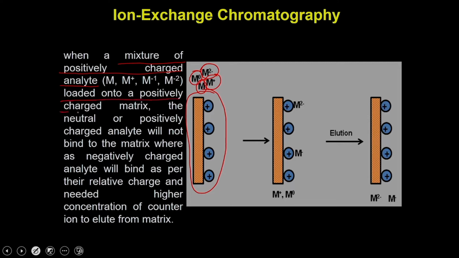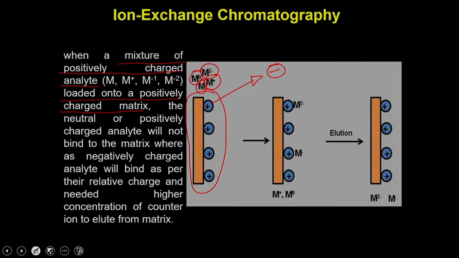which means this positively charged matrix is going to have the affinity for a negatively charged group. As soon as you flow these 4 molecules, you can see that you have M2 minus, M minus and M0. M0 means the protein which does not have a charge, it is a neutral protein. M plus means it is a protein which has the basic charges, and then M minus 1 or M2 minus is having the negative charges.